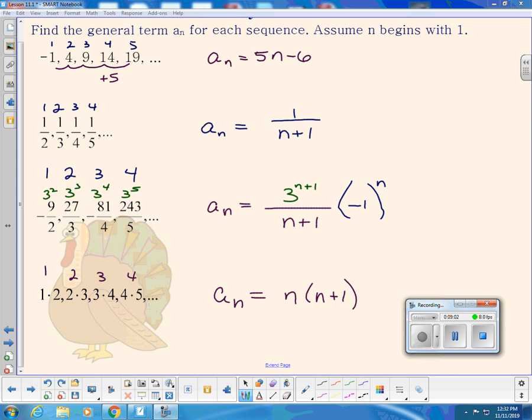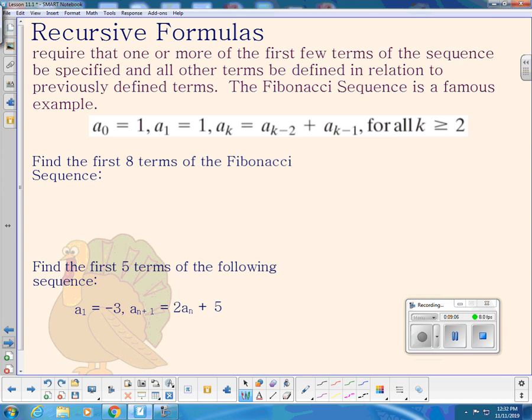Okay. All right. So, recursive formulas. Those were considered explicit formulas because they're just an equation. Recursive formulas require that you have 1 or 2 or more terms given to you. They have to give you a starting spot and then a rule with which to deal with those starting terms.